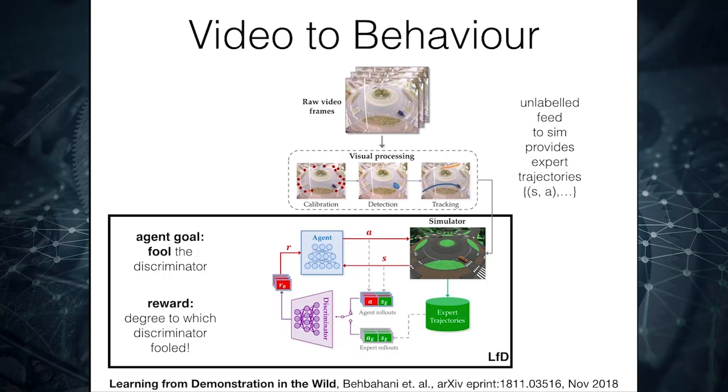If it fails to discriminate, that's good. That means the agent should be rewarded. So this determines the reward signal here. The more the agent can imitate, the higher the reward, and so the better it learns to imitate.